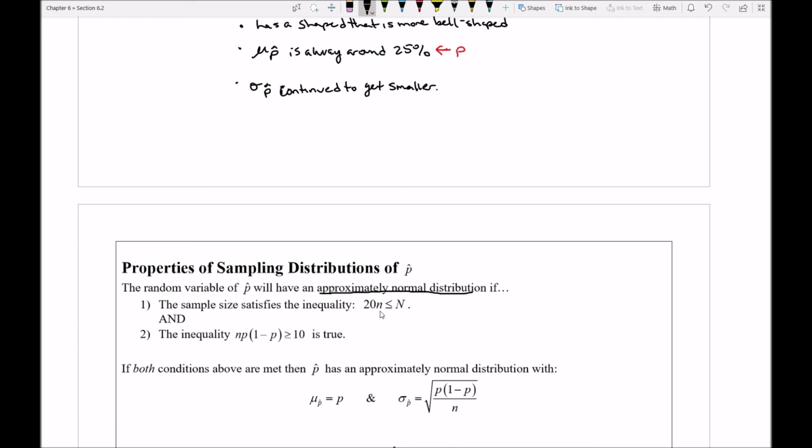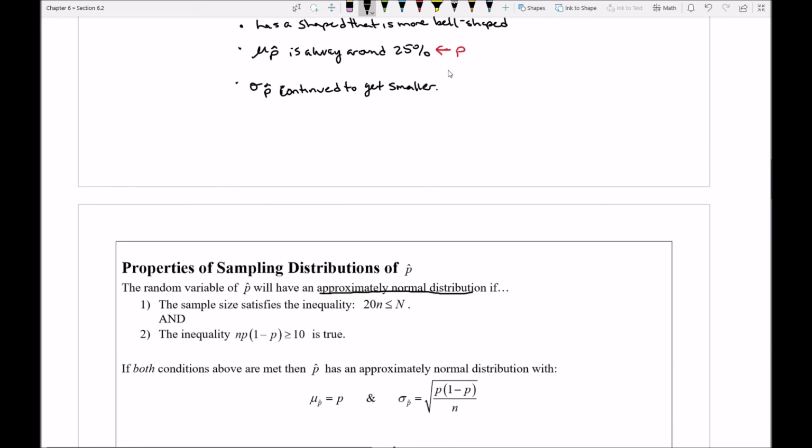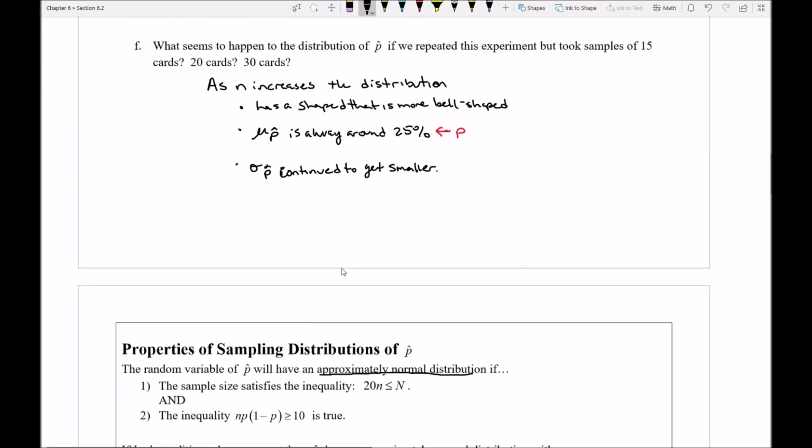One relates sample size to population size, and another relates this value of n and this value of p, like this p value that I have here. We'll talk more about these in a future video. However, if both those conditions are met, then p-hat will have an approximately normal distribution, with my average of p-hat being equal to p. That's what we're seeing here.